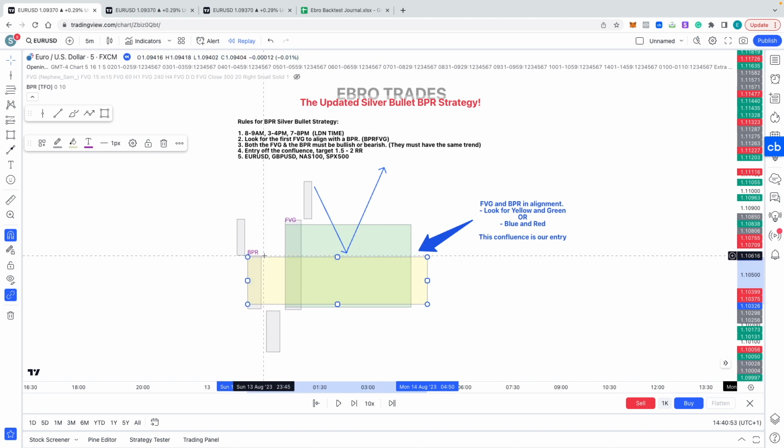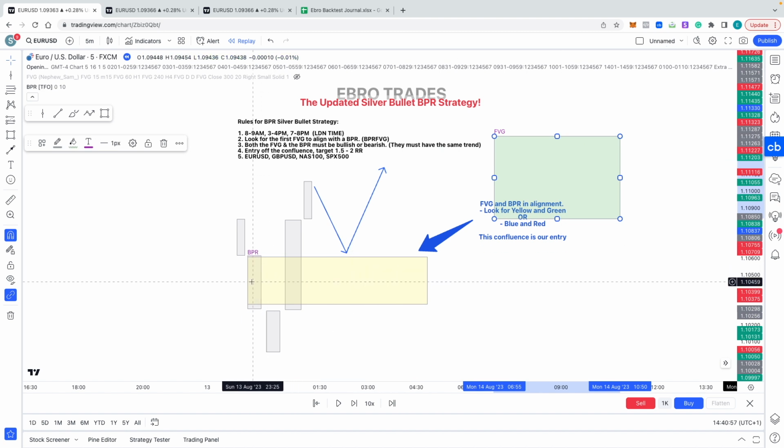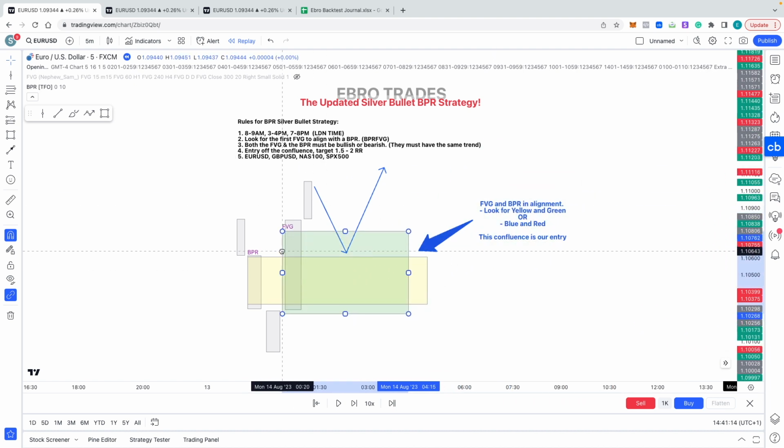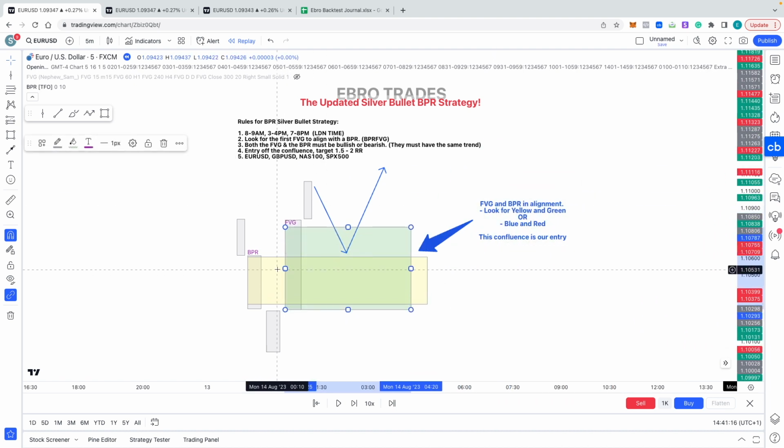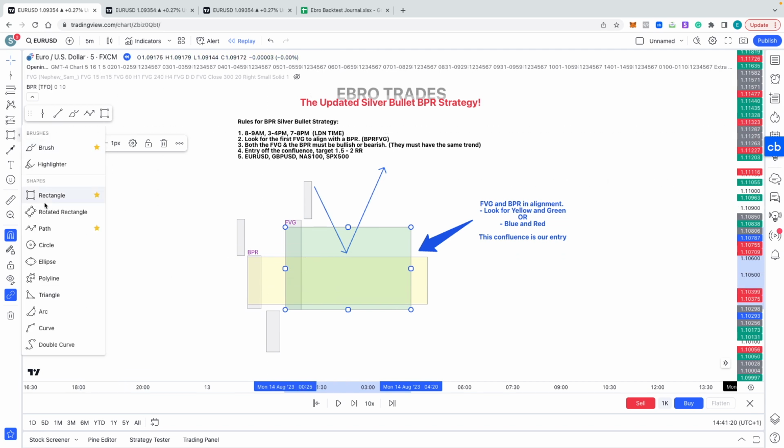And a balanced price range is essentially, if I move this box over here, an overlap between 2 fair value gaps that are consecutive. So we've got a fair value gap over here, and then we've got another fair value gap over here. So there are 2 consecutive fair value gaps that overlap, and we're showing the second fair value gap using this green box over here. And this region of overlap is called the balanced price range.